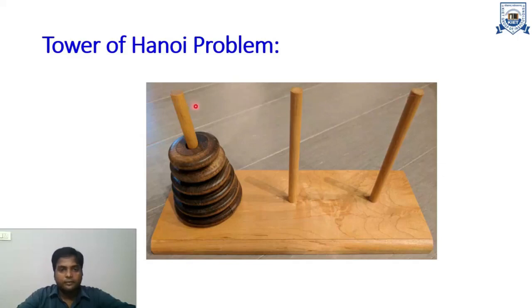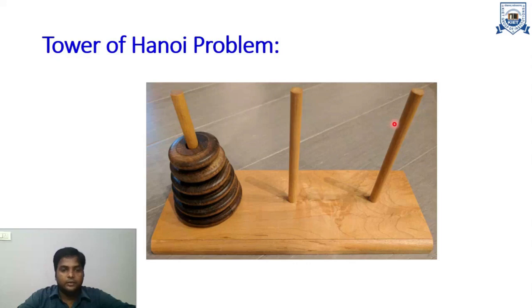Let's suppose here we have a total of 3 towers, A, B and C, and we want to move all these disks from tower A to tower C. For moving all these disks from one tower to another tower, we have some rules also. The first rule is that we can move only one disk at a time from one tower to another tower.